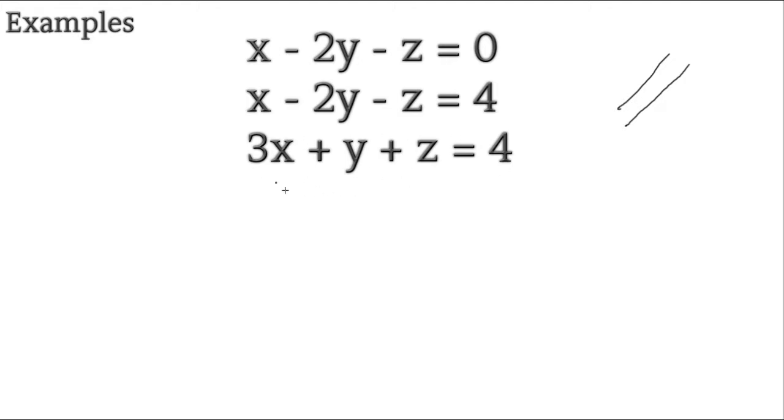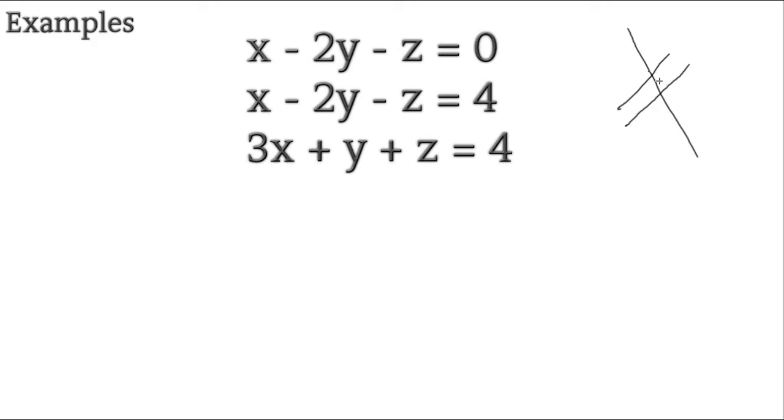What about the next one? This has (3, 1, 1) as the normal vector, so it's not parallel. There's only one other case for a set of two parallel planes: the third one can either also be parallel, or not parallel, and in this case it's not.